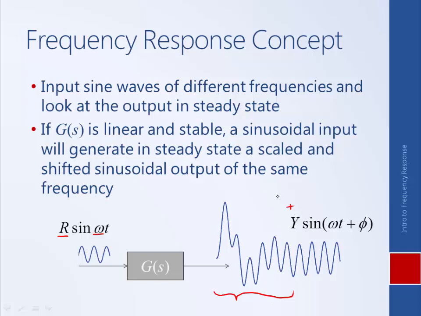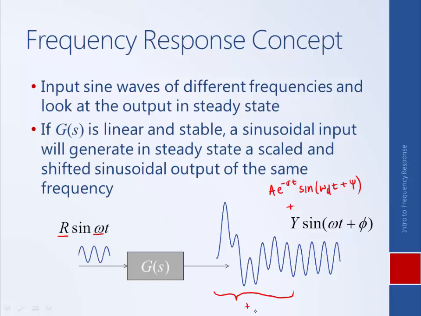So you can imagine something like this. The exponential is determined by the poles of the transfer function of the system, and then there is a sinusoidal part that's due to the imaginary part of the pole, and conceivably some phase shift.